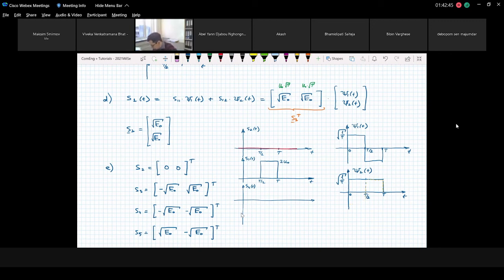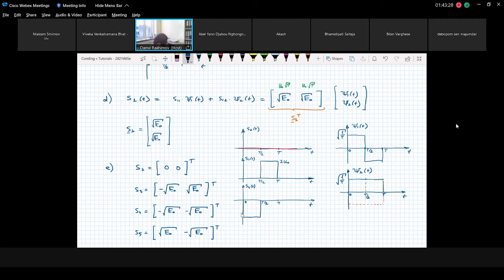So this yellow dashed line corresponds to minus first basis function. And then if I flip the second basis function, I also have a minus sign. If we combine both of them, we get a negative pulse in the range from 0 to capital T over 2. And in the range from T over 2 to capital T, we have nothing.